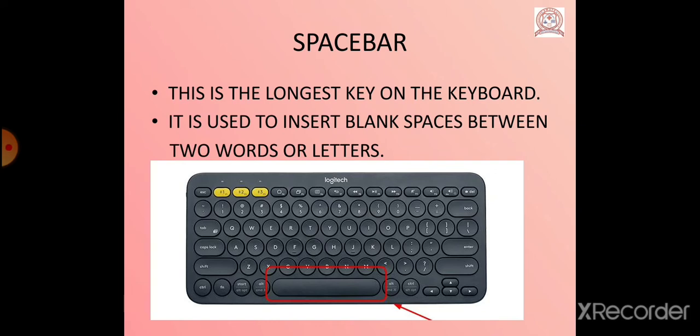This is the longest key on the keyboard. As you can see in the picture below, the red mark which is given in this rectangle shape, the longest key on the keyboard is the spacebar key. Okay?